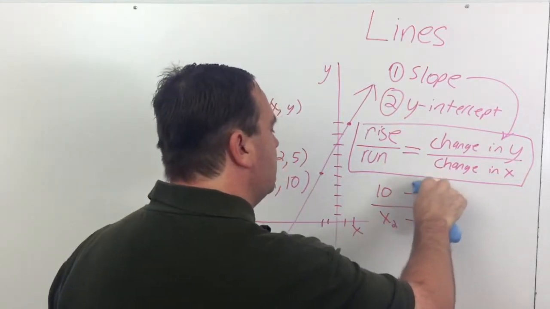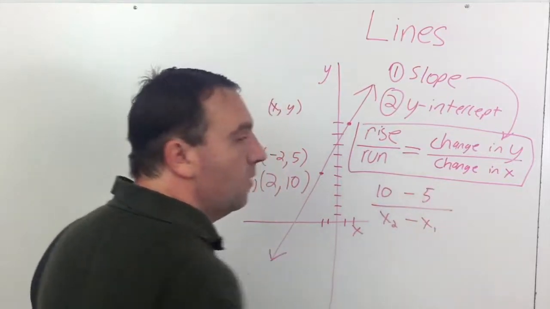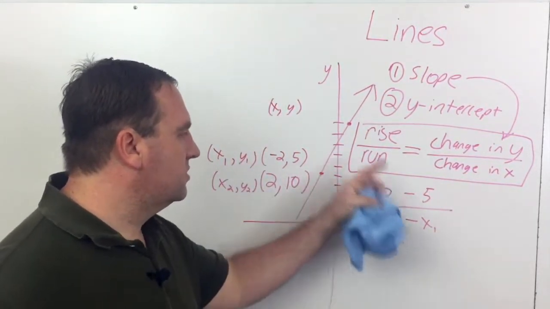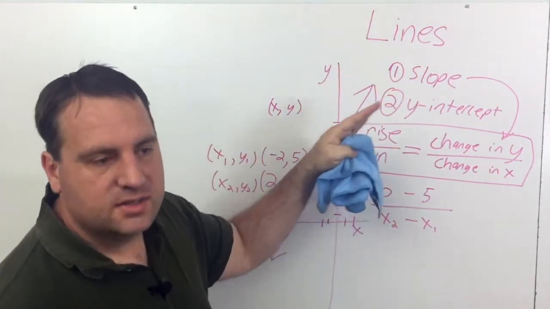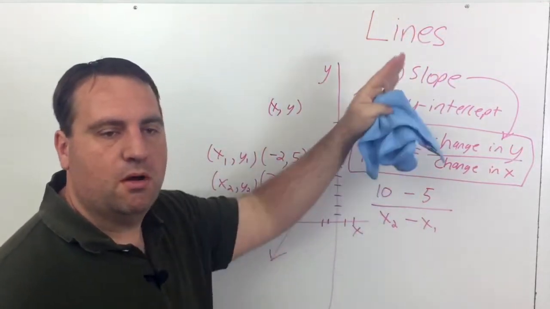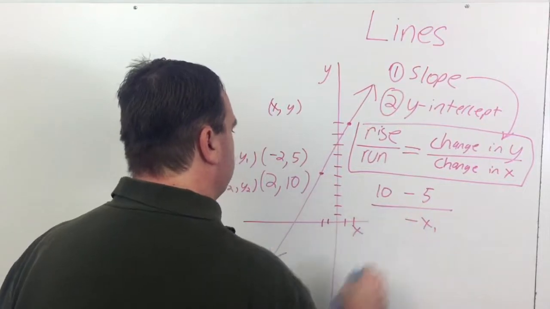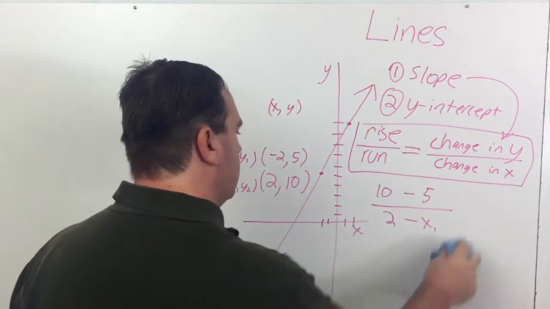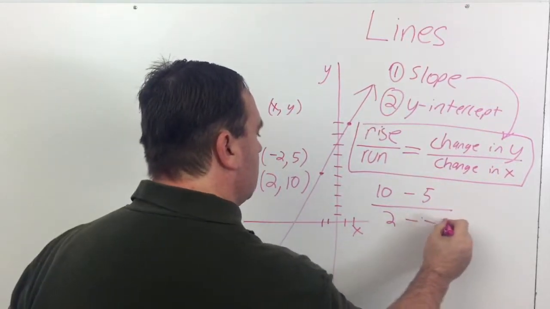And this works for any 2 points we were to pick out on the line. No matter how far apart or how close together, you just pick out 2 points, and the slope is the same, because notice it's a line, so it never tilts or shifts. It always stays at the very same slope all the way through. So x2 is 2, and x1 is negative 2.